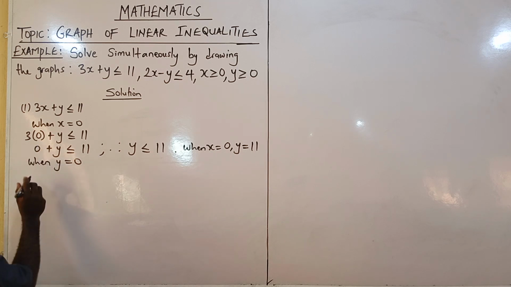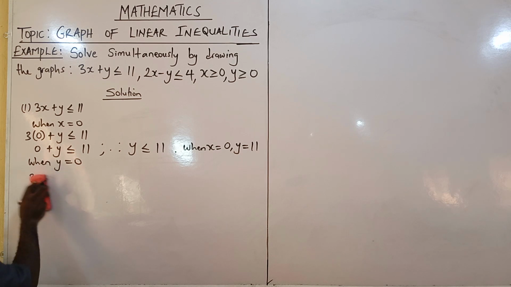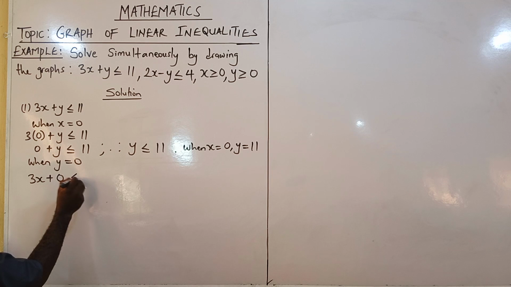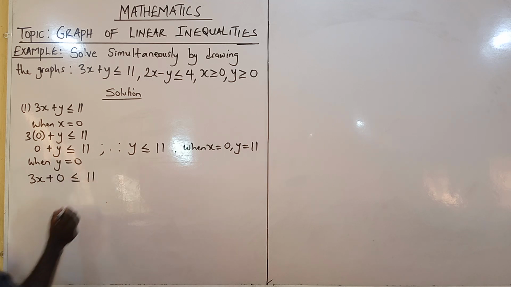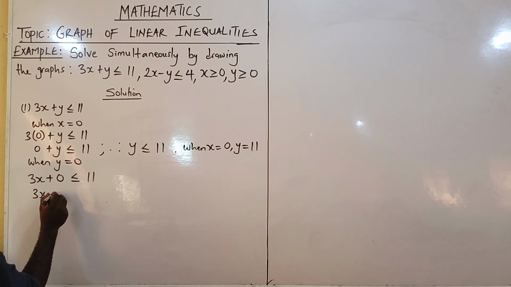When y equals 0, what will be the value of x? 3x plus 0 less than or equal to 11. That's 3x less than or equal to 11.